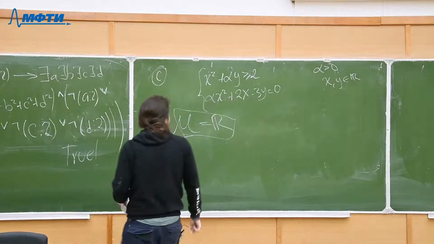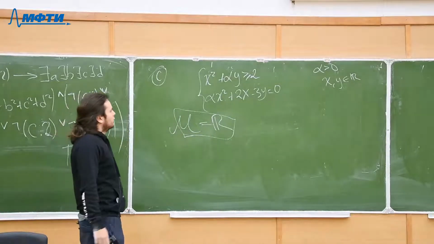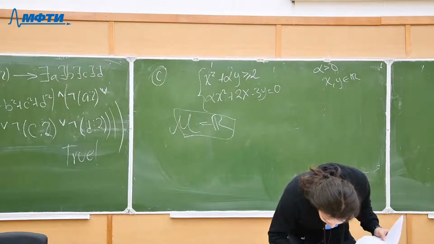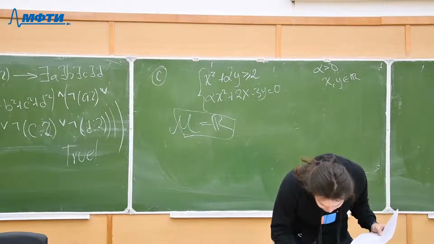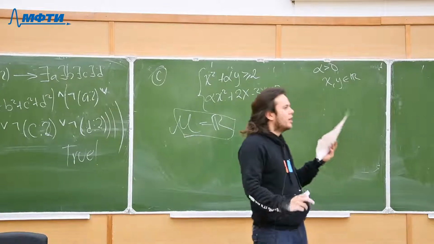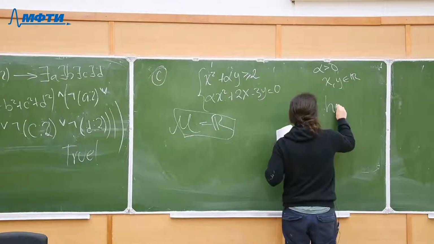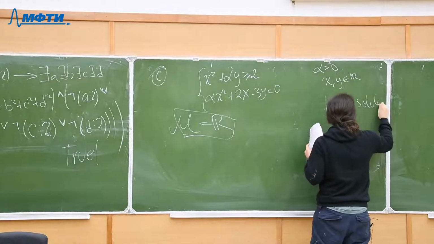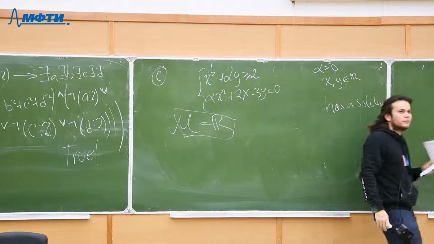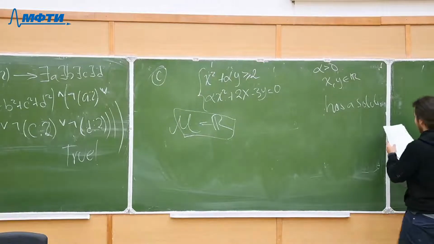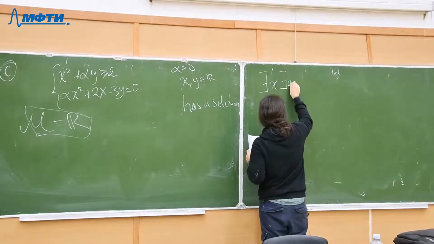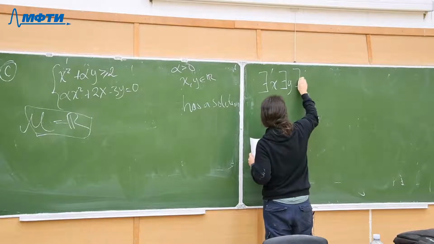So let's read that again. The following system of inequalities has a solution in real numbers for some positive value of the parameter alpha. So how do we write that this system has a solution? Yes, there exists. Great. So there exists x, there exists y, and what else? There exists alpha. Yes.